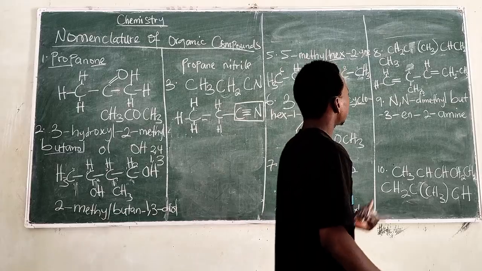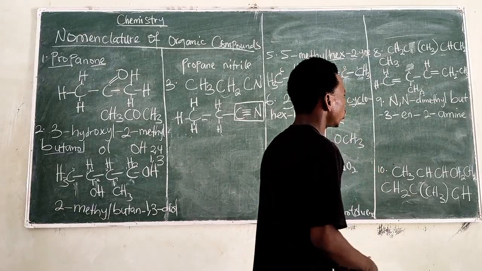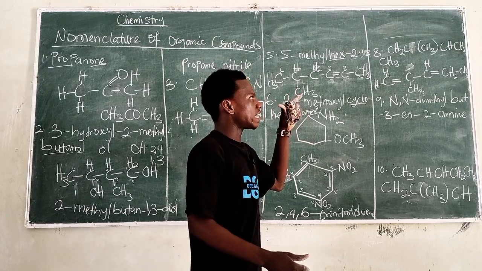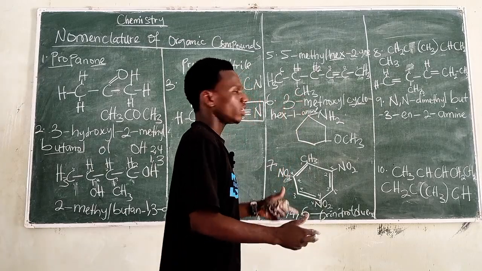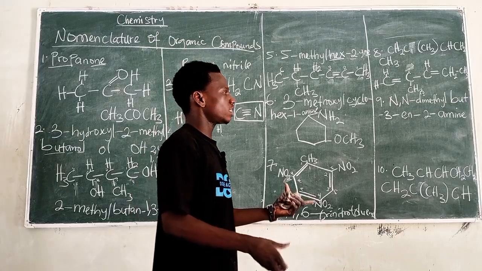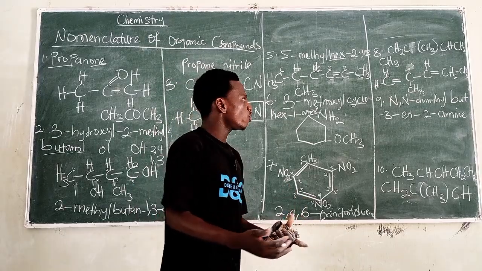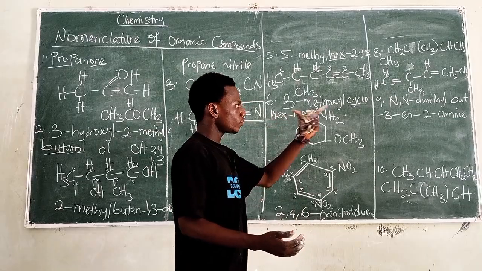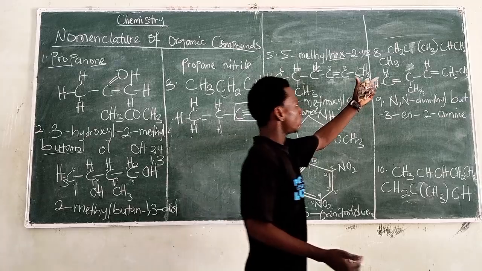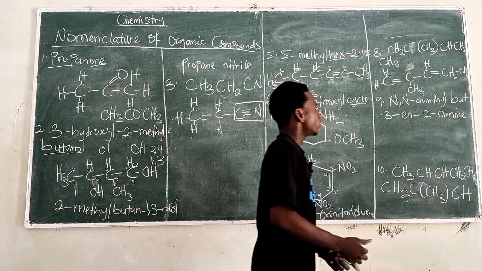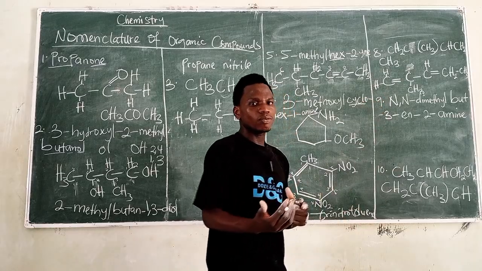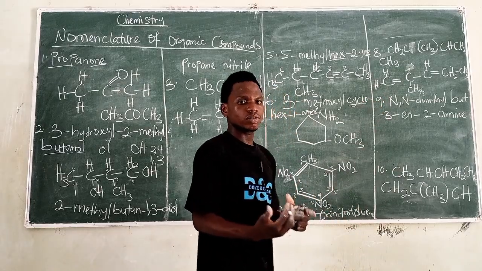So we can see that when you are given a condensed structure, it is not necessary that the bonds in that compound will only be single bonds. But when you try to split a condensed structure, you'll find out that some carbons are not completely bonded. So you have to identify whether the carbon in that position is double bonded, triple bonded, or single bonded.